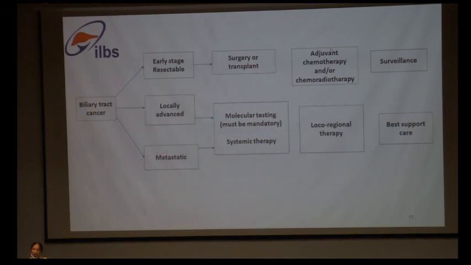Subsequent to this, as per the requirement, they can undergo adjuvant treatment followed by surveillance. For locally advanced or metastatic disease, molecular testing should become mandatory in our institution, followed by systemic therapy as per the results. Loco-regional therapy is to be decided individually as per the patients, and best supportive care should be given to all the patients irrespective of the stage. Thank you.